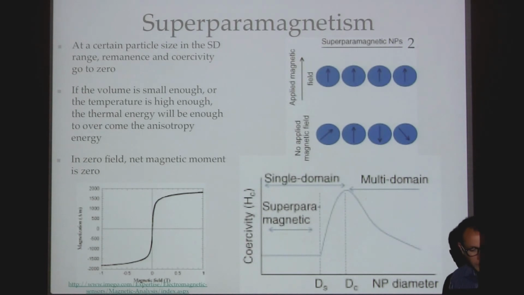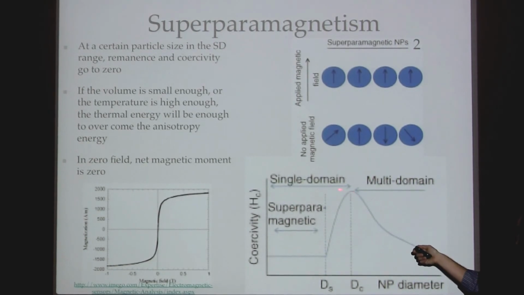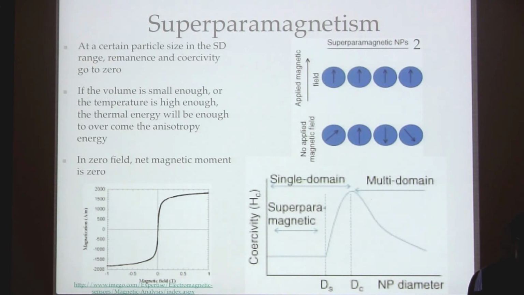You have to be below a certain size for it to occur. We can look at single domain particles, at the critical size where the coercivity is at its maximum, and then we can go to multi-domain, where that coercivity drops off. So by changing particle size or grain size, we can change the coercivity of that material.